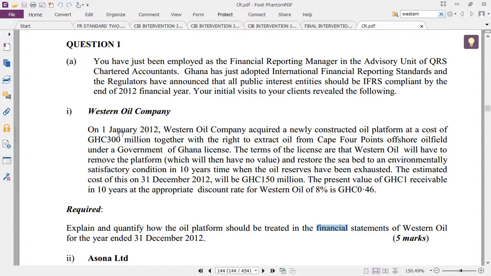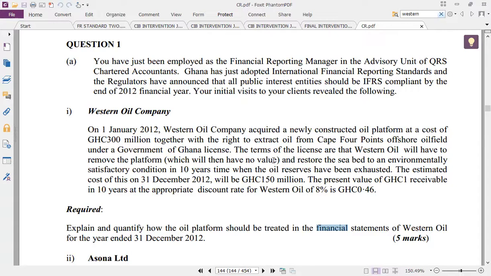They are saying that on January 2012, Western Oil Company acquired a newly constructed oil platform at a cost of 300 million, together with a right to extract oil from Cape 4 Point offshore oil field under the government of Ghana license. The terms of the license are that Western Oil will have to remove the platform, which will then have no value.